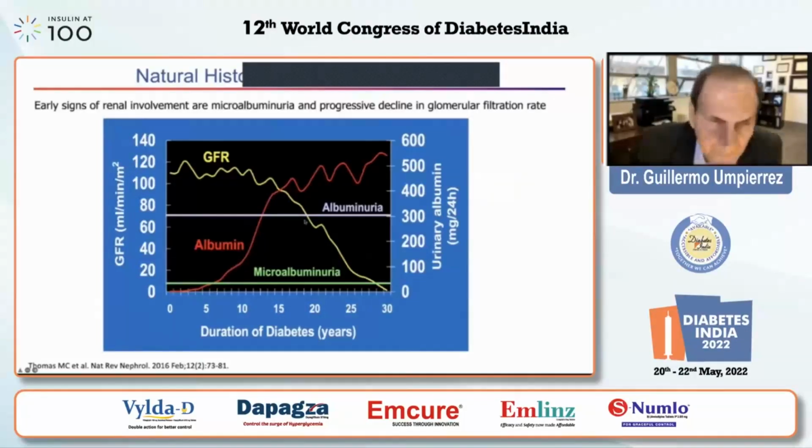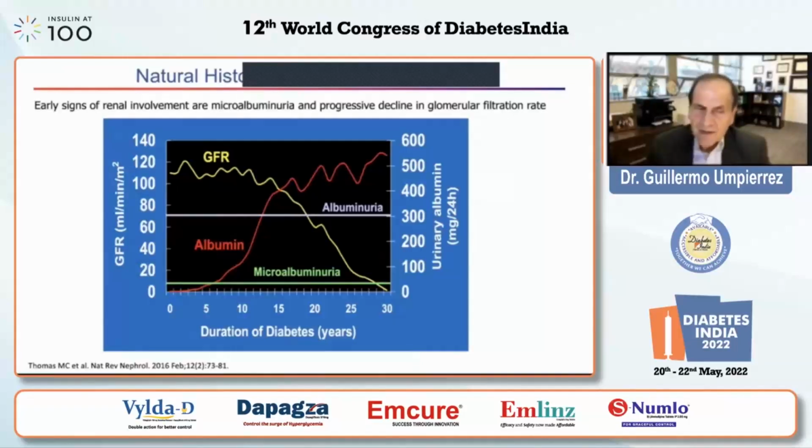Remember that about 50% of patients with type 1 and many patients with type 2 at the beginning are hyperfiltering. They're more than 90. But when the albuminuria passes 300, you see this complete decline, and when the GFR starts coming down, in 2 to 5 years the patient goes from a creatinine of 2 to 5, and the patient is on dialysis.